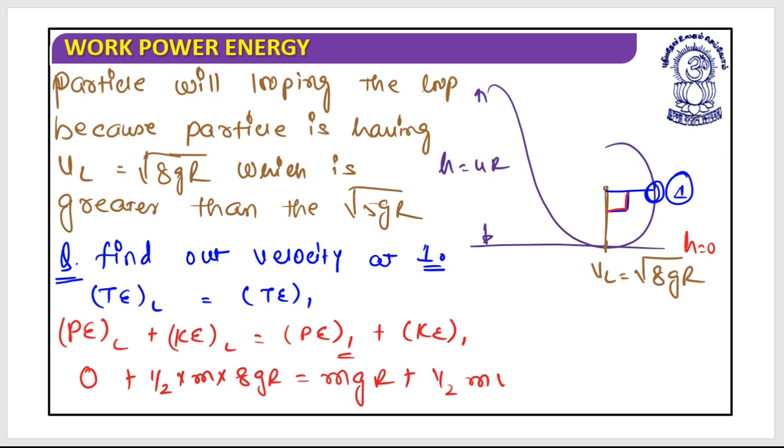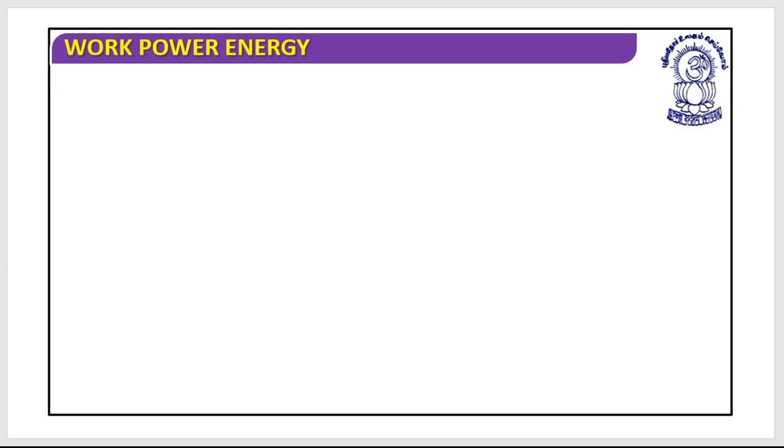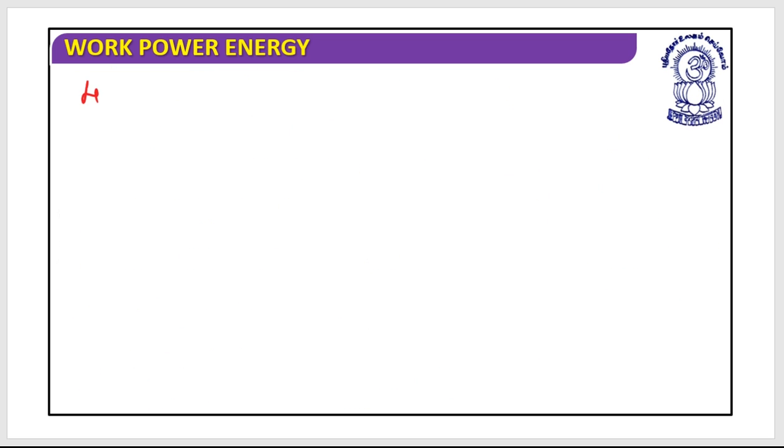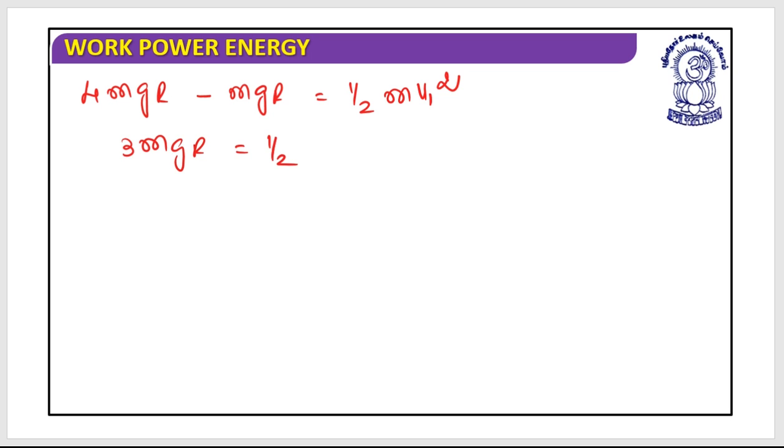It is half m v1 square. So this is 4mgr, and this is mgr, so 4mgr minus mgr should be equal to half m v1 square.